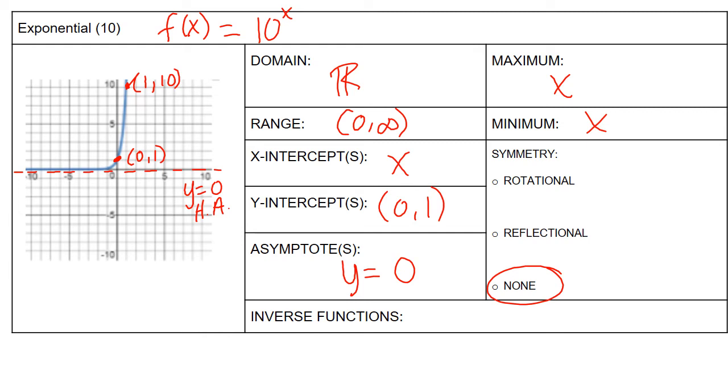My base is what's changed. The inverse function here is f inverse of x equals log of x. On some of the newer calculators you have to put the 10, but there is an unspoken little 10 here.